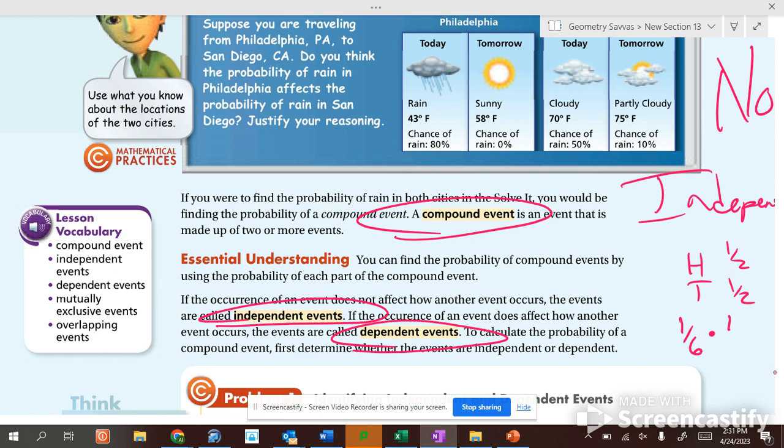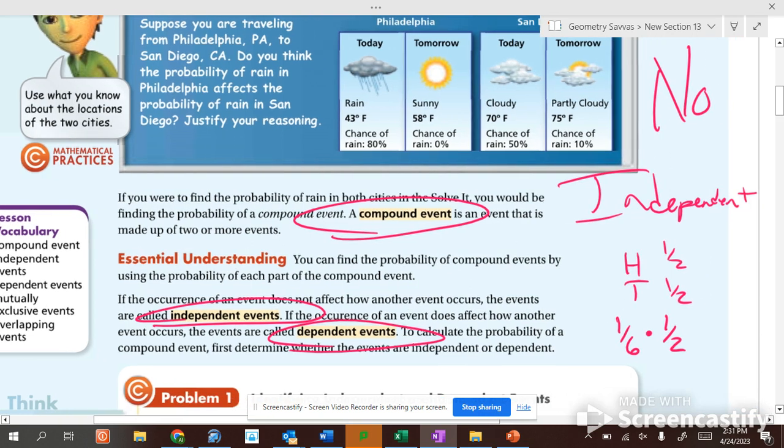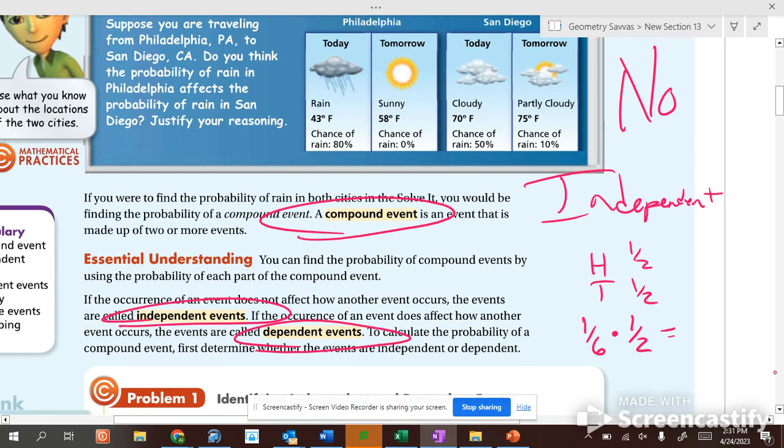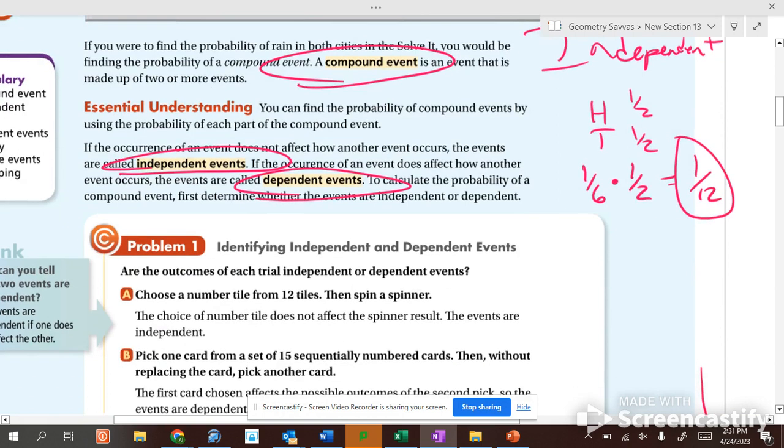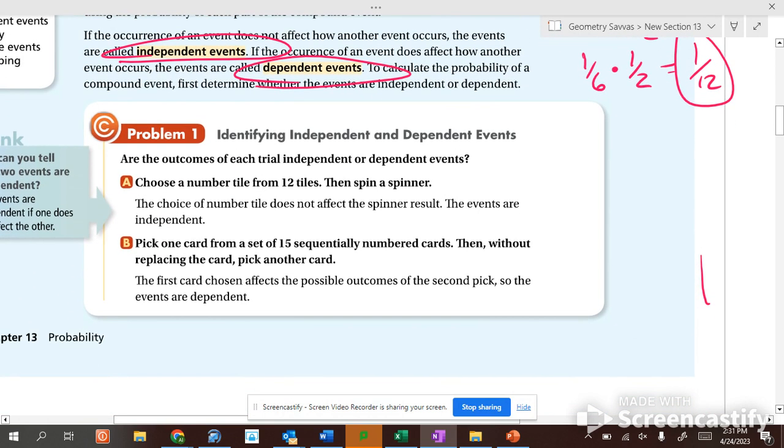So if I do both of those, what's the probability of flipping a heads and rolling a 6? Well, 1 out of 6 times 1 out of 2, which is 1 out of 12 chance of doing both of them at the same time. That's a compound event, okay? So, if you choose numbers and then spin a spinner, those are independent of each other.